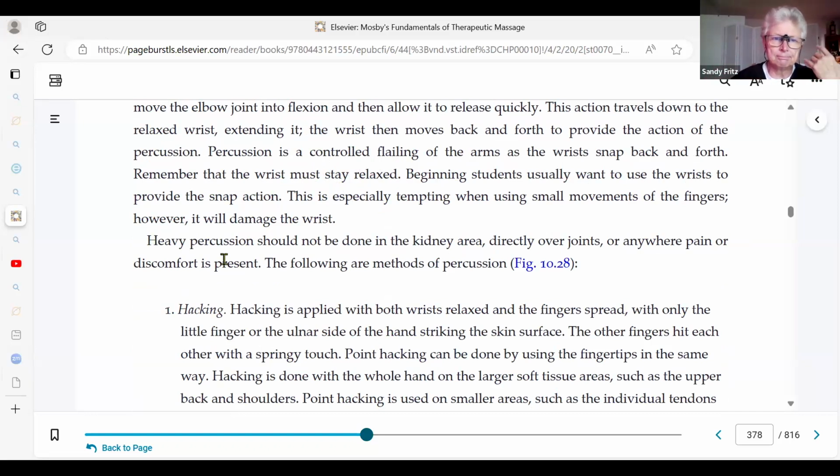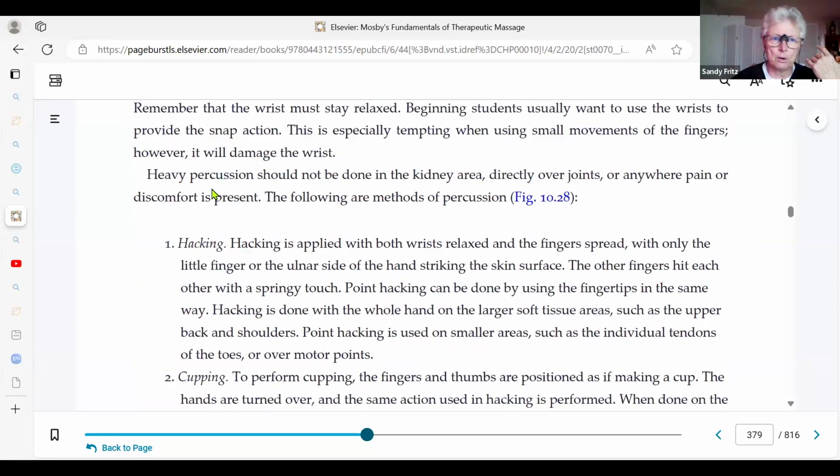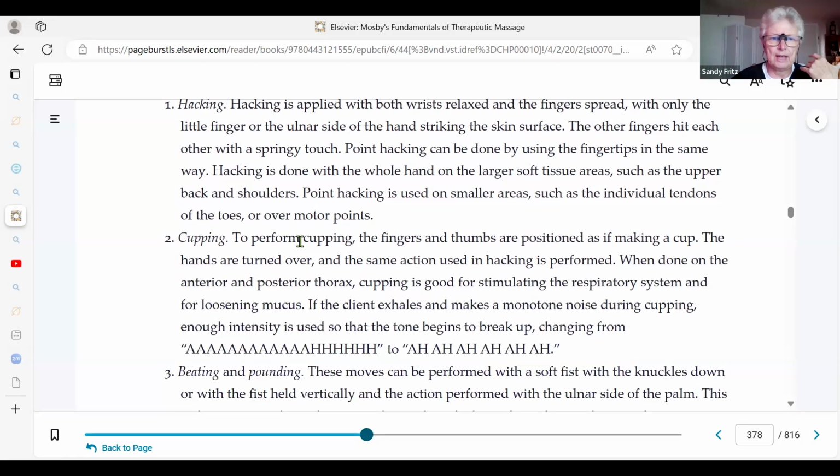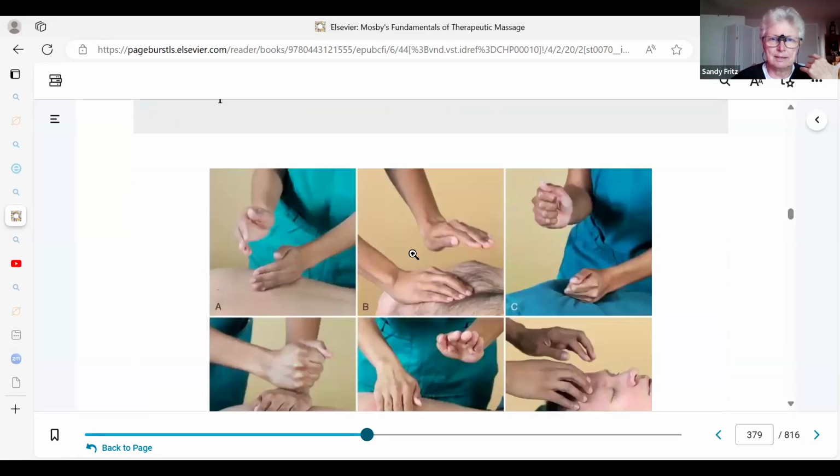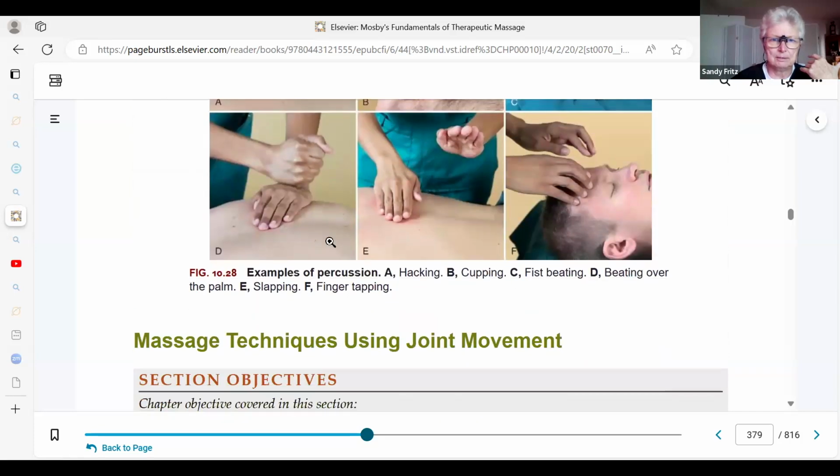Now, these are forms of percussion. They may show up, so you're going to want to know what the hacking and the slapping and the tapping is, and then here are the examples of it.